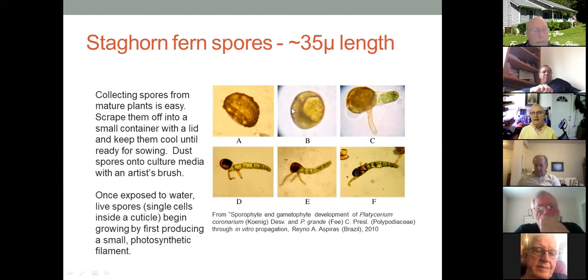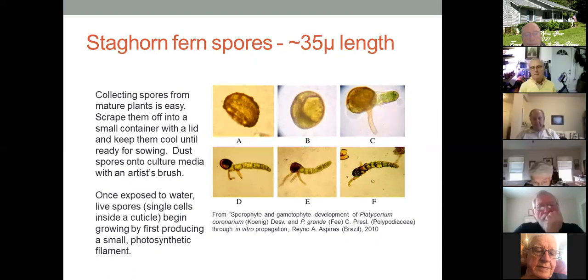And, as the conditions in your culture dish become favorable, the spores will crack open and begin to exude this little filament. The filament cells begin to develop these unicellular rhizoids, which function, in microscopic land, as roots for the emerging gametophyte.